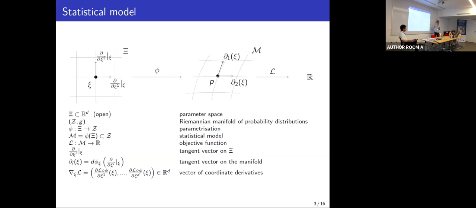So we want to go to the maximum of this function L. Then we can take the derivatives of this function L with respect to the coordinate space. That is, if you take the combined map all the way here, it's just the vector of coordinate derivatives, which I'm denoting here with this nabla. So that is that for notation.